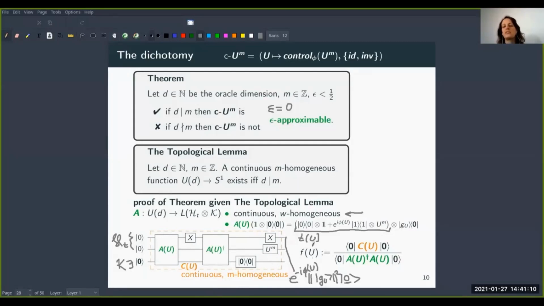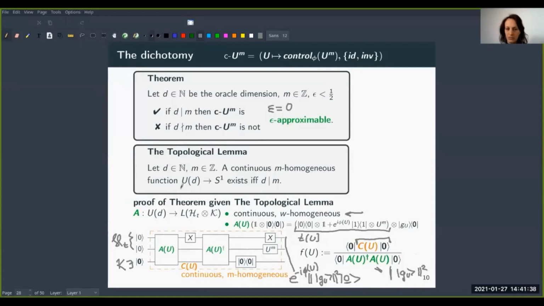So if we build the following function, note that it is well defined because the denominator is just the probability of success, which I said must be non-zero, and it is actually equal to the norm squared of G of U. So if we substitute the output of this circuit, then we get that f of U is actually equal to e to the minus i phi of U.